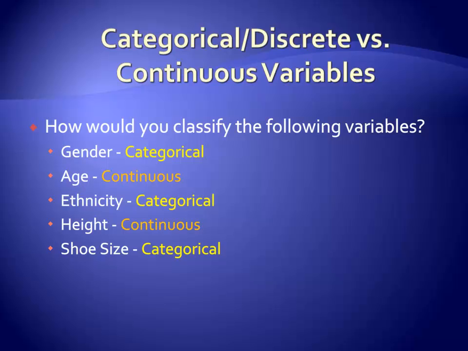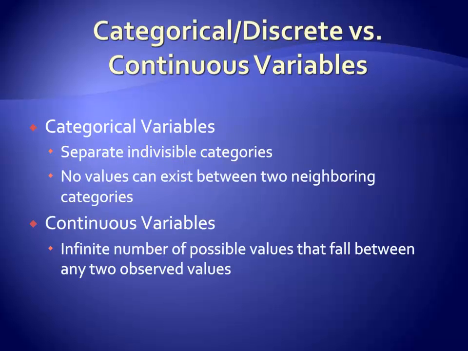Given these nuances, what rules of thumb can we use to determine whether or not data is categorical or continuous? A key guideline that can help us differentiate between these two is that categorical variables have values that consist of separate, indivisible categories, whereas continuous do not.